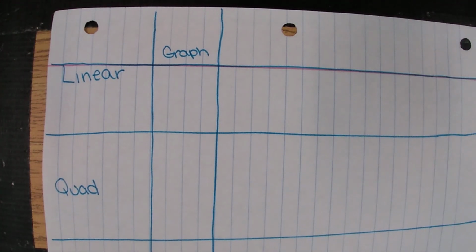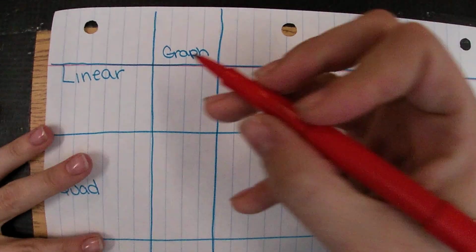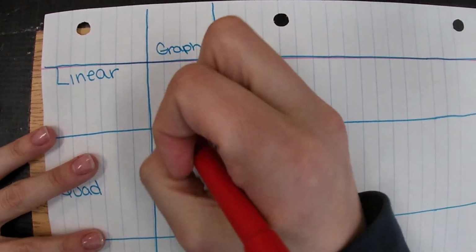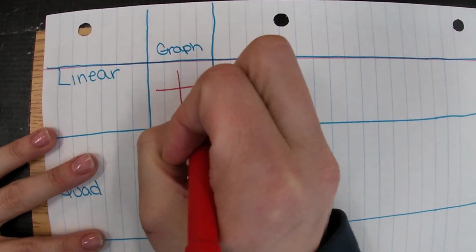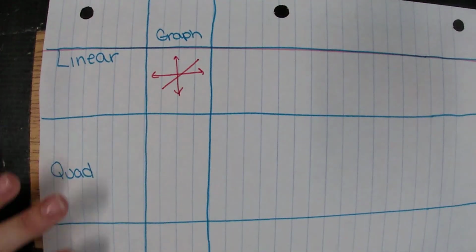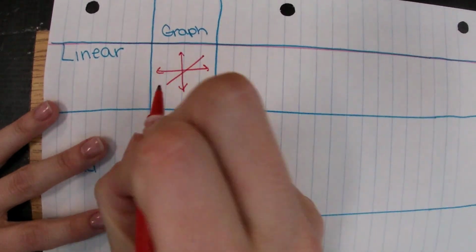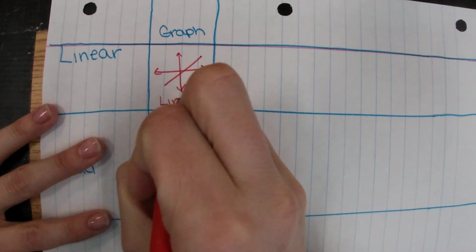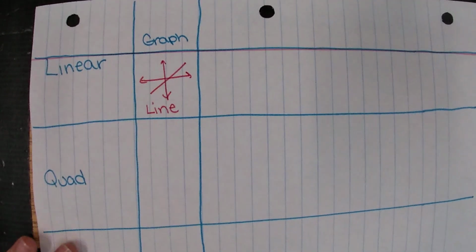So if we are graphing a linear function, we are always going to get something on the coordinate plane that is a line. The line might go uphill, the line might go downhill, but either way, when we graph it, we are going to get a line.